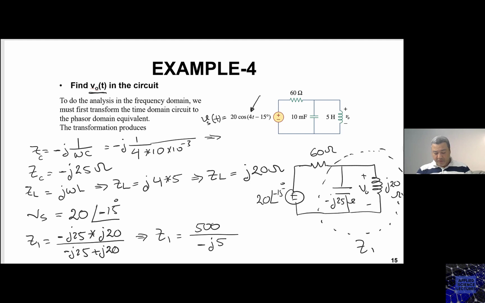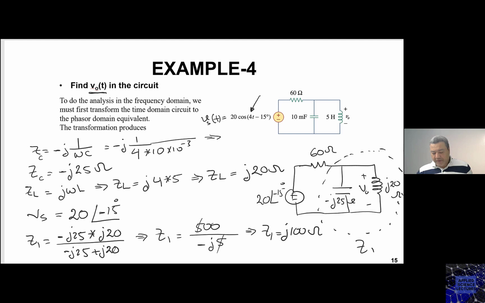The 5 cancel, and this minus j, when it goes up, becomes positive j. So Z1 now equals 100j, or j100 ohm.